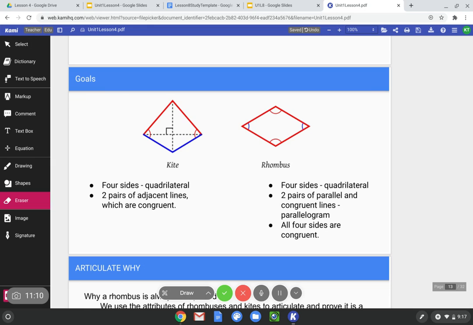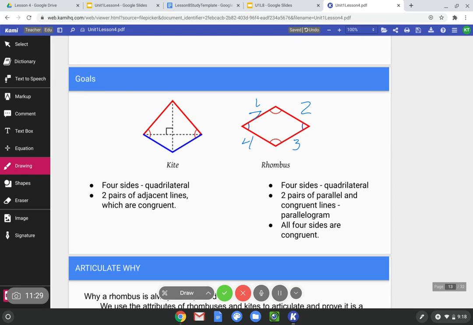A rhombus is a quadrilateral. It has 4 sides and it has 2 pairs of parallel and congruent lines. So it's a parallelogram. And all 4 sides are congruent. So all 4 sides are the same length. So 2 pairs of parallel lines.